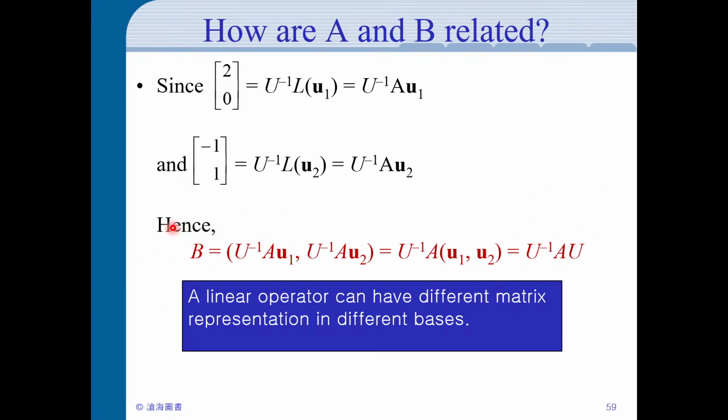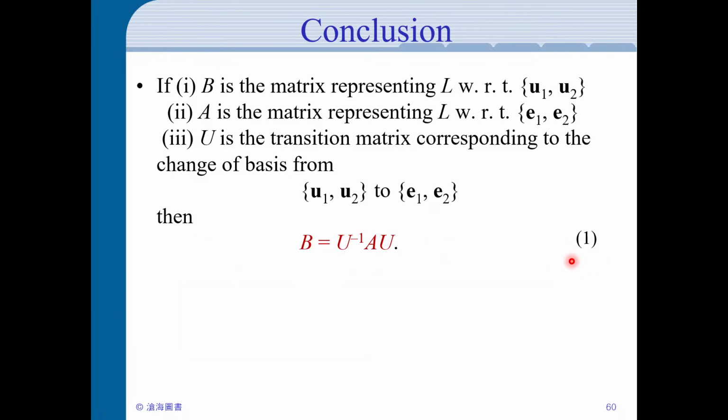If you change to a basis U, then your linear transform matrix changes from A to U minus 1 AU. So here is the conclusion.